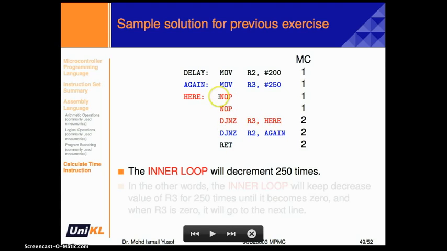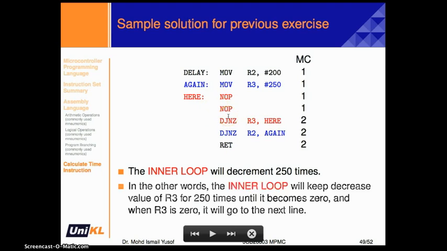So it will keep doing these three lines 250 times, decreasing the value of R3 before it becomes 0. When R3 becomes 0, it will go straight to the next line, which is DJNZ R2 again.